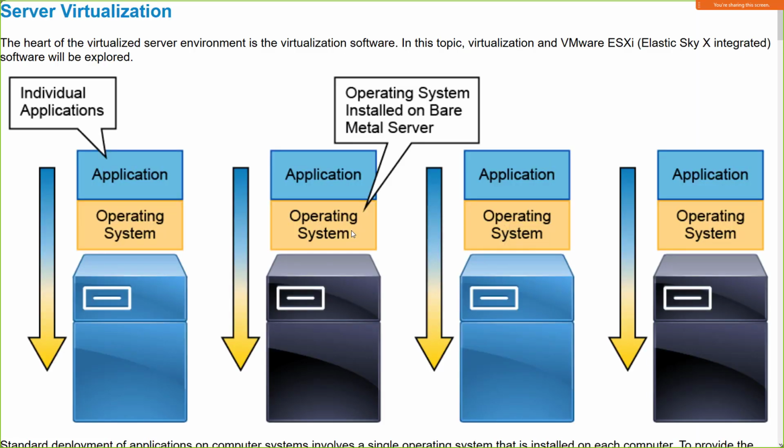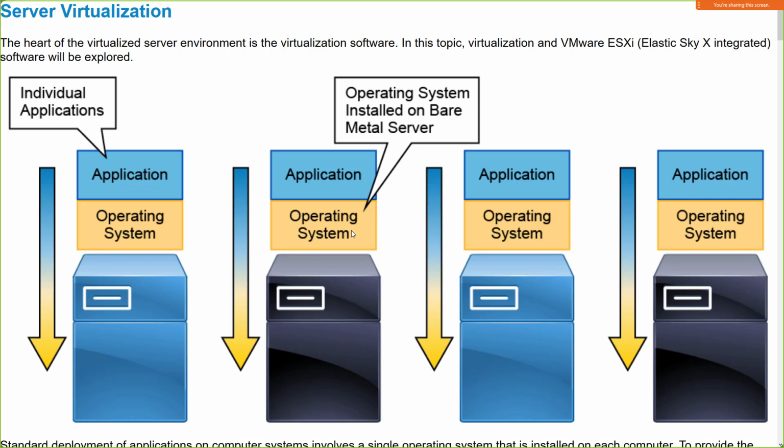With server virtualization, we're taking a physical platform and we are virtualizing it into multiple logical platforms. Now, how we decide to do that, whether we're using a type 1 hypervisor or a type 2 hypervisor, will depend on how that virtualization takes place, right? A type 1 hypervisor has access to the physical hardware.